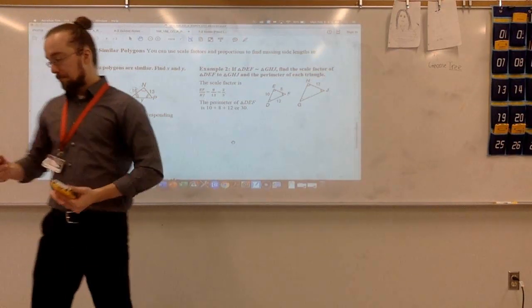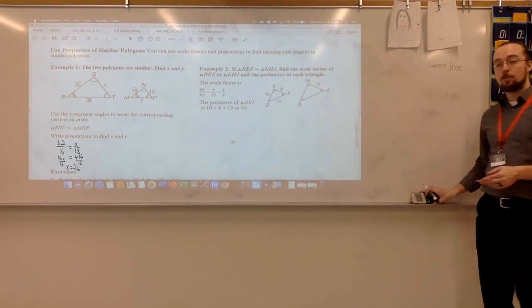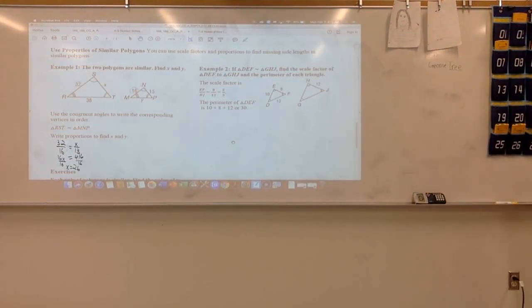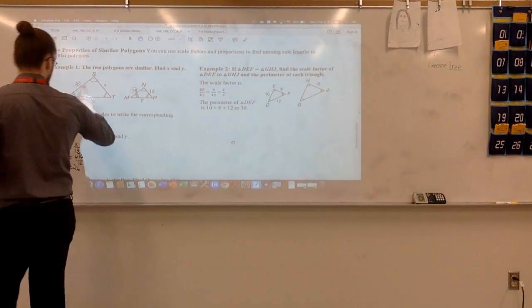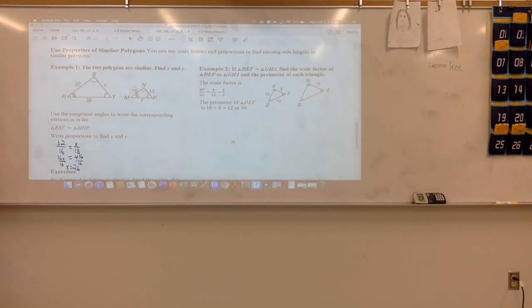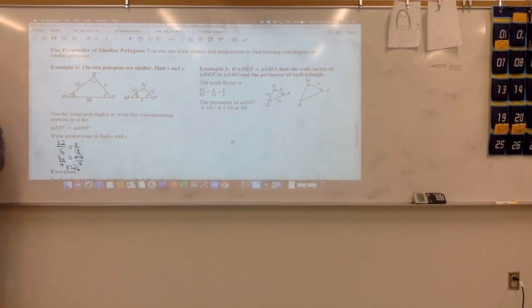Okay, now that's the foolproof way to do it. Okay, and we'll have to do that sometimes when our numbers are ugly. But if I look at the two values of a pair of corresponding sides that I know, in this case, 32 is exactly twice 16. Right?